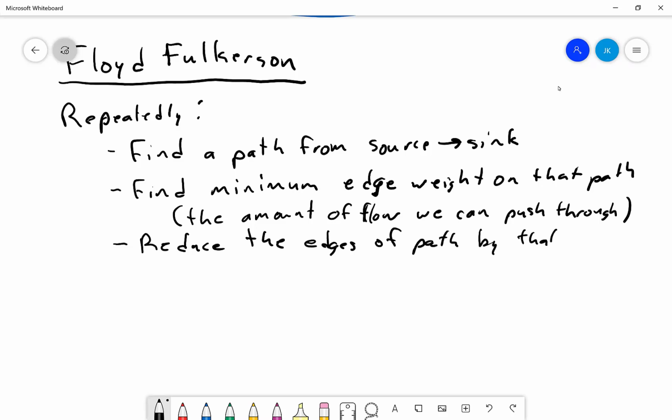Now, there is one more key part to this. This approach so far is sort of the greedy approach that we would take, which is you try to push some flow through, then you reduce the edges, and you push as much through as you can there, and you reduce the edges, and so on. But there's one key change that we have to make in order for this to actually help us find the optimum answer.